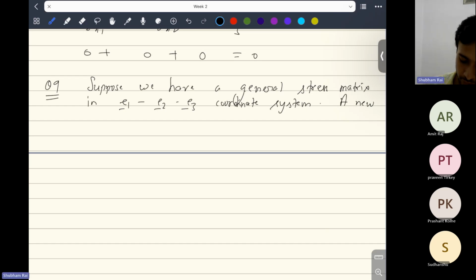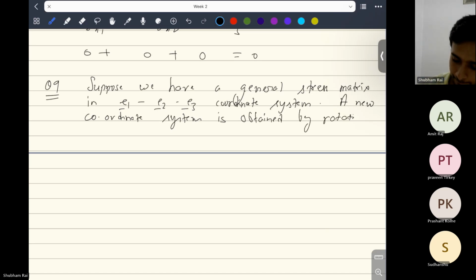A new coordinate system is obtained by rotating the original coordinate system by 180 degrees.